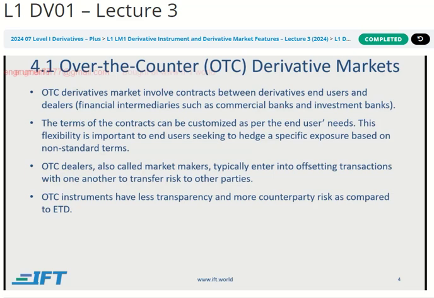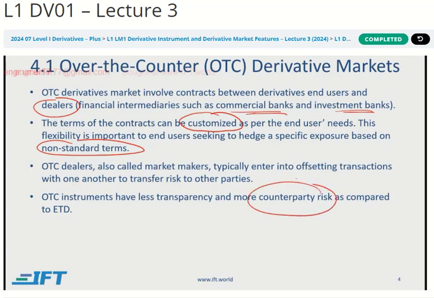So let's talk about the over the counter first. Over the counter involves big companies, so commercial banks and investment banks, dealing directly with each other. Naturally, these are customized, as I told you, and can have non-standard terms, but the risk is that there is counterparty risk compared to the exchange traded options.